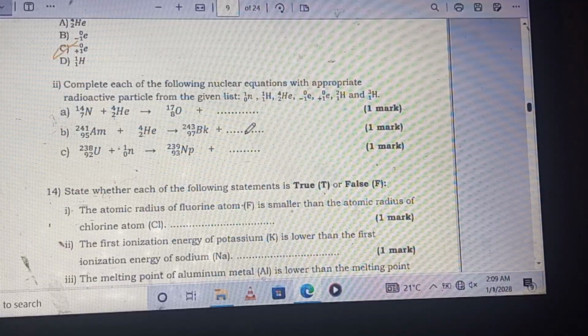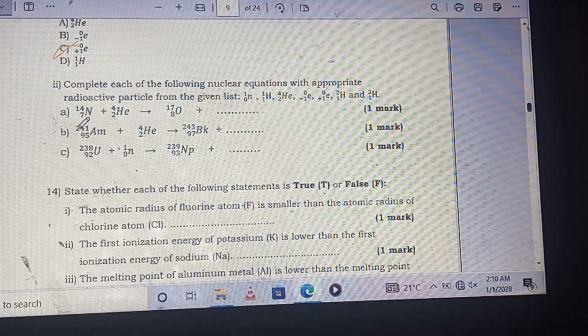And also here we put neutrino, because if you add this Z, 95 plus 2, we get 97.